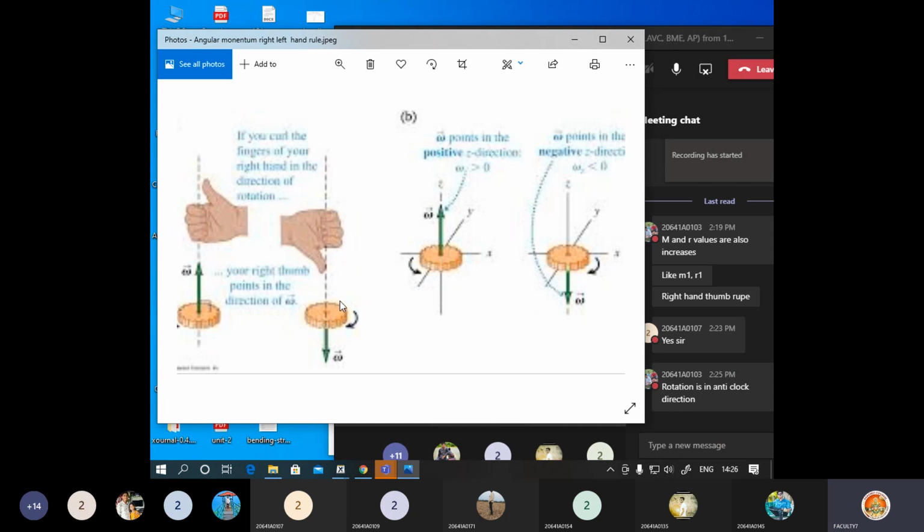So these things you need to identify if you are applying for a real-time application.